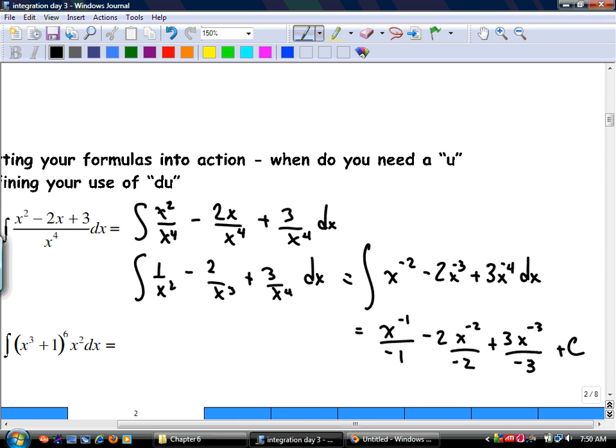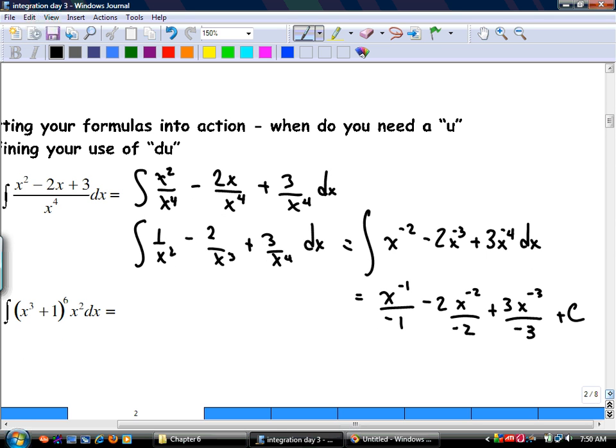Okay, now what? Yeah, finished. So you should write it as negative 1 over x plus 1 over x squared minus 1 over x cubed plus c, and you're finished.